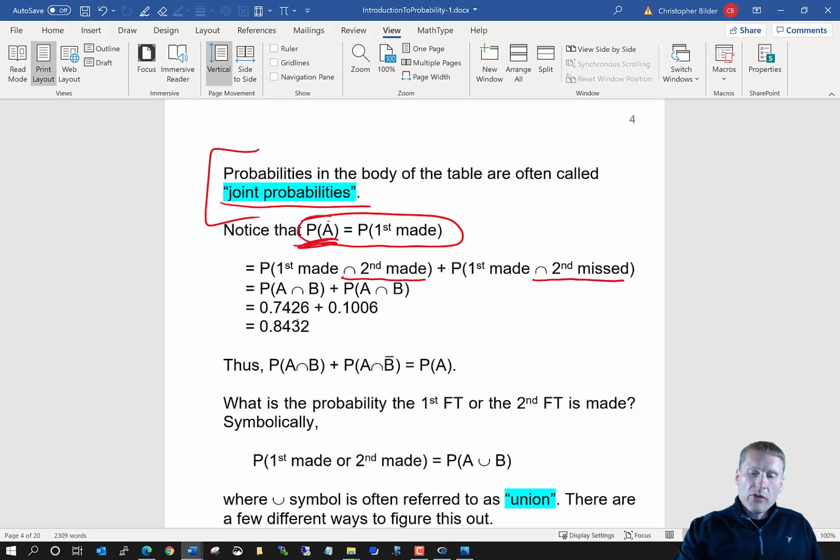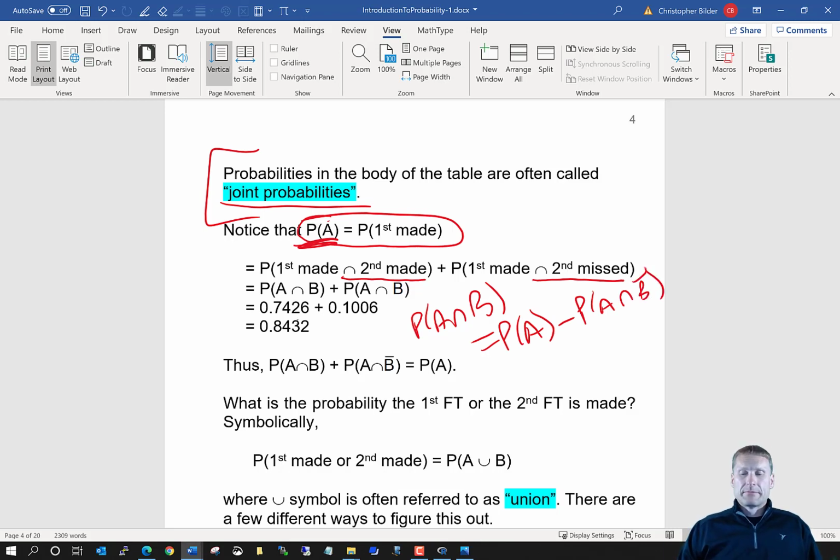Where that can be useful is in situations where, let's say, I want the probability of A intersect B. I can also write this as the probability of A minus the probability of A intersect B bar. Okay.